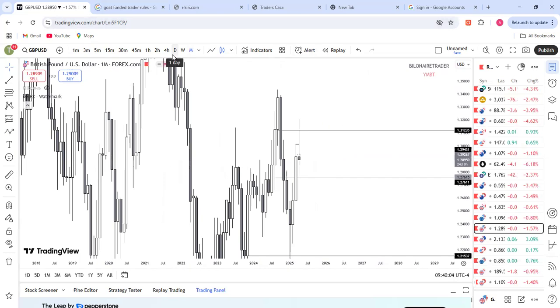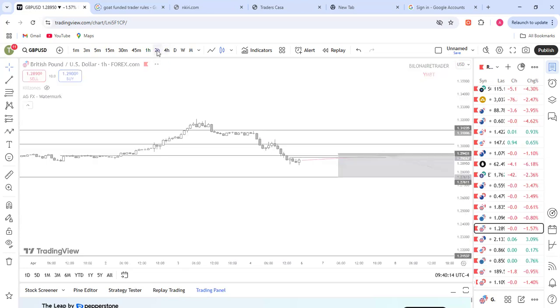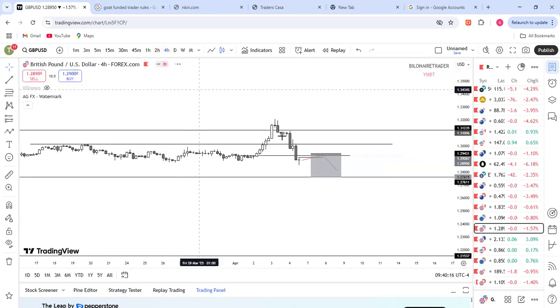A quick recap: you need to understand what time frame you are on. Each candle you see forming on that time frame, whether the 1 hour, the 2 hours, or the 4 hours, means that every candle forms every single hour, minute, or second of that time frame.